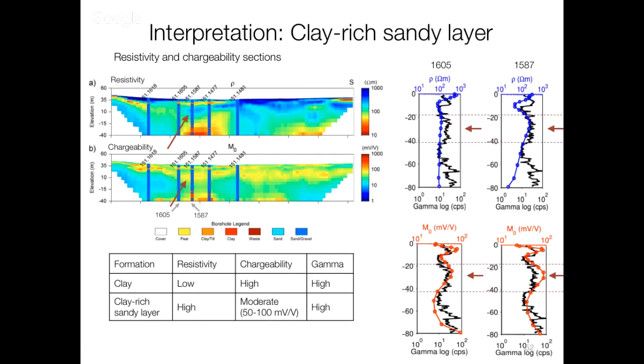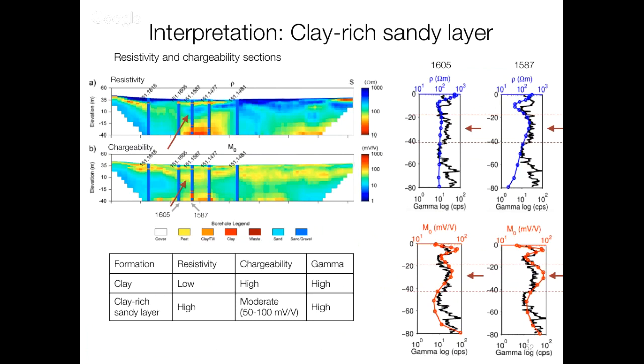The second layer, a clay-rich sandy layer, is this intermediate layer here between, let's say, 20 and 40 meters. If we look at what's happening on the resistivity, it's increasing a bit in here, so it's blue, and the chargeability has increased, so it's moderately high chargeability.